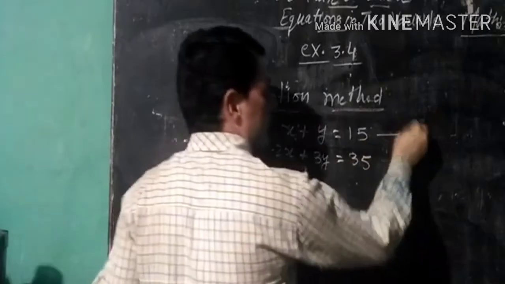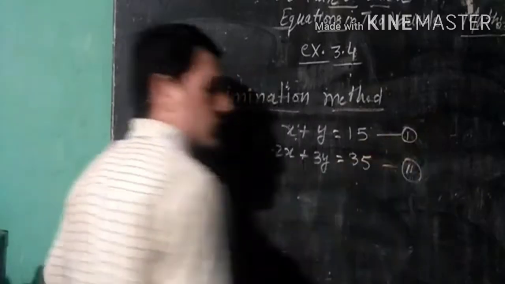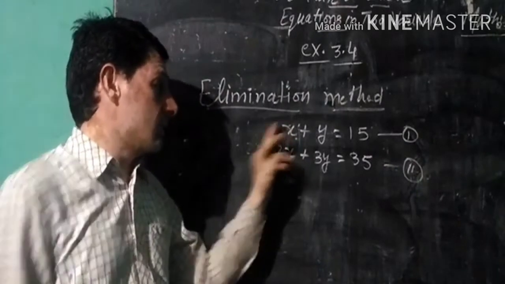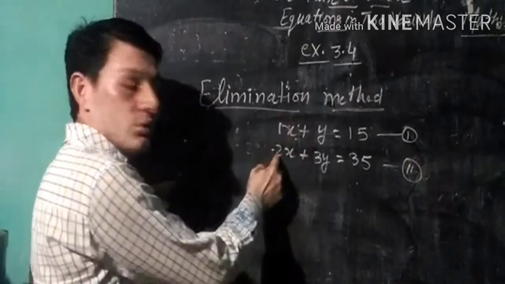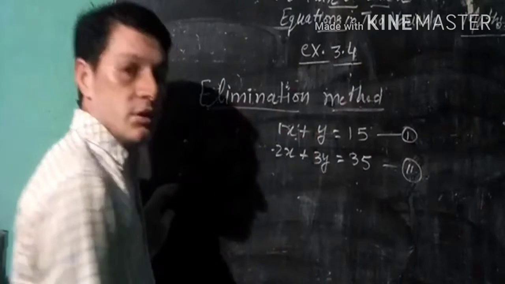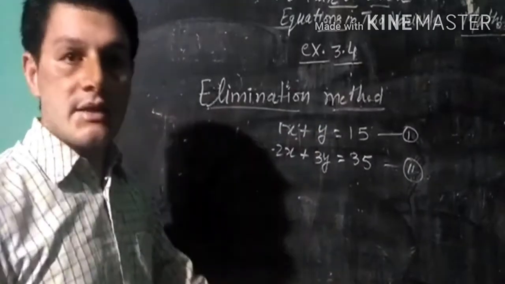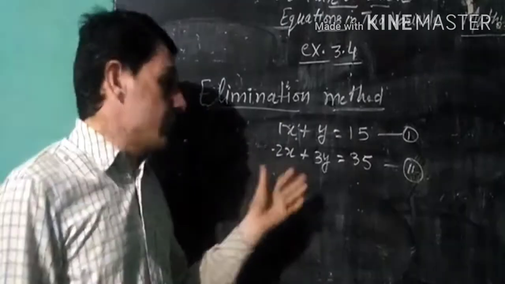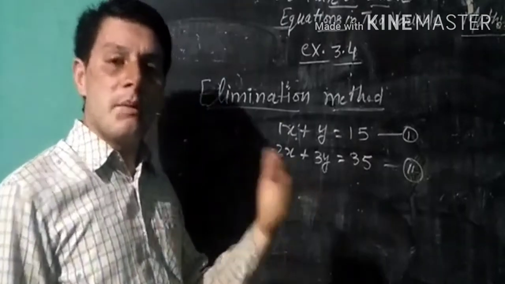That is the first equation and that is the second equation. In these two equations, the multiple of x is not same. This is 1 and this is 2. This is 1 and this is 3. Then neither x nor y, both are not equal. Then what we need to do? We need to multiply by someone so that it will become equal.